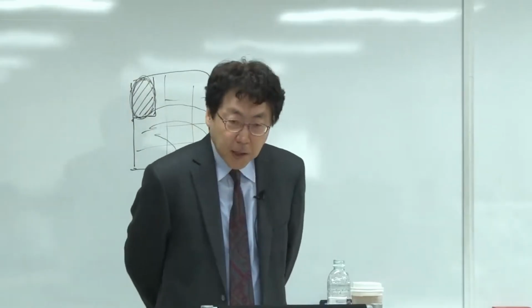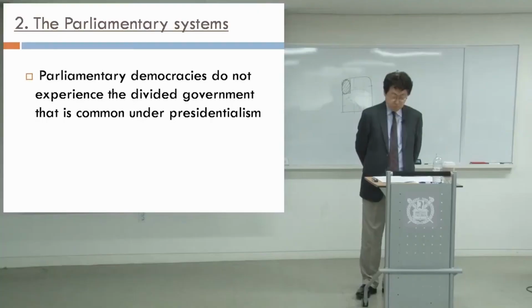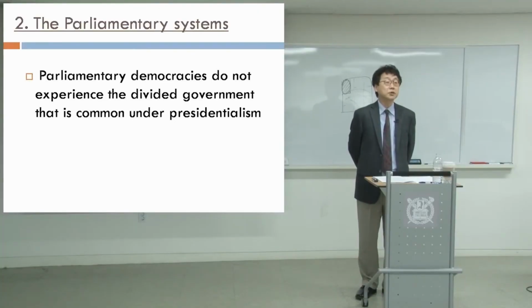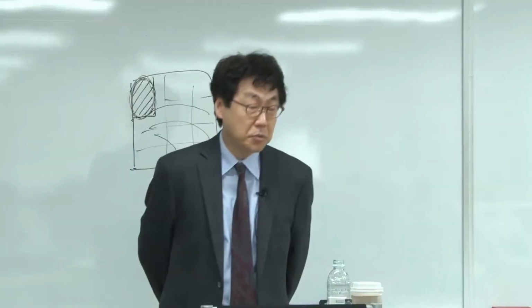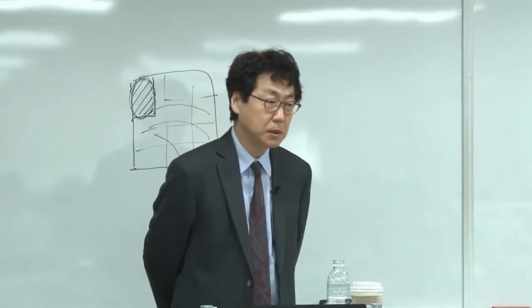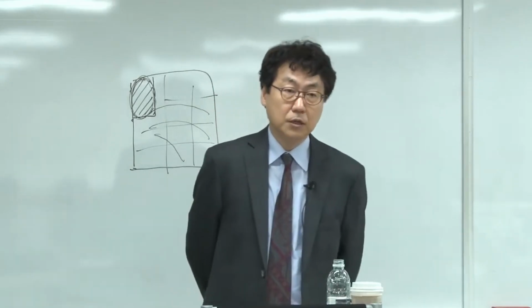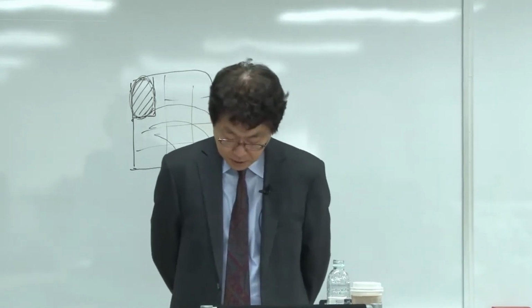Anyway, so in a parliamentary system, this type of divided government is always possible. So again, in a presidential system, this type of divided system is always possible, and therefore room for conflict, no compromise, and gridlock.